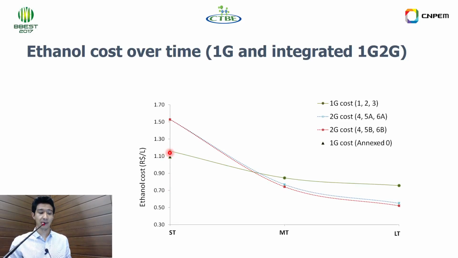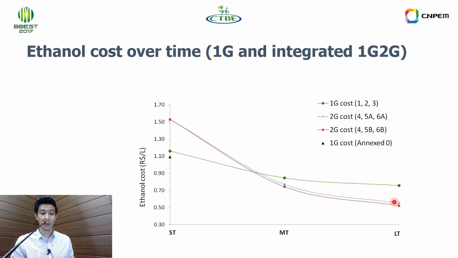And first generation ethanol, which in the short term had a lower cost, can reduce its cost as well because of the introduction of new technologies in the field and also the introduction of energy cane. And then in the medium term, we notice that there's a change, if public policies to foster second generation ethanol development and developments in the private sector were really implemented.